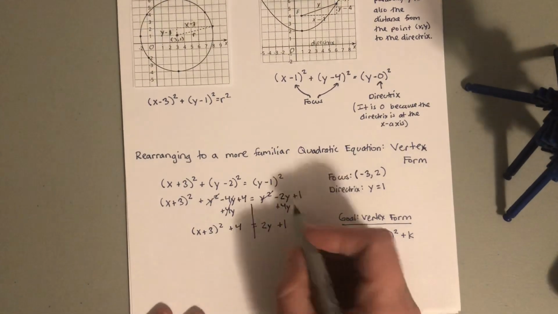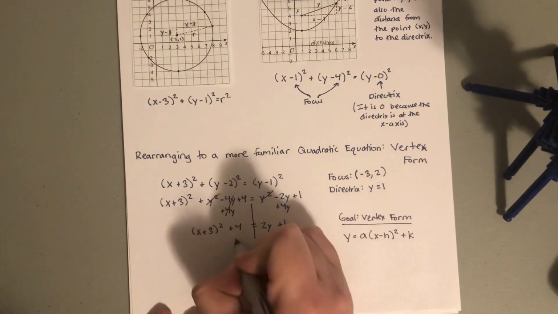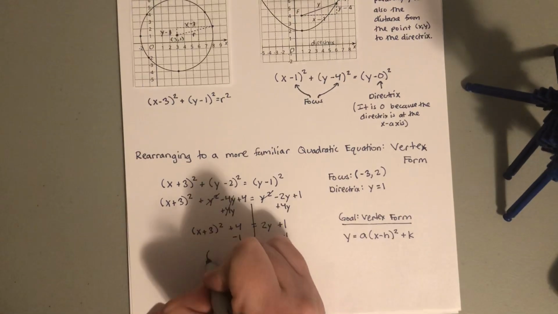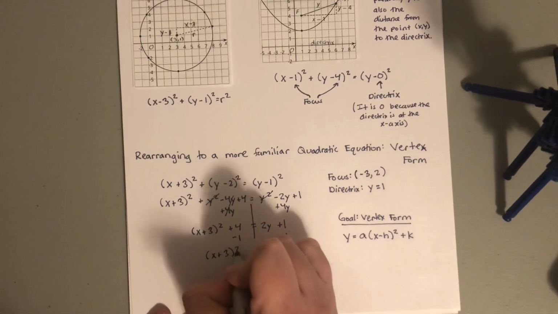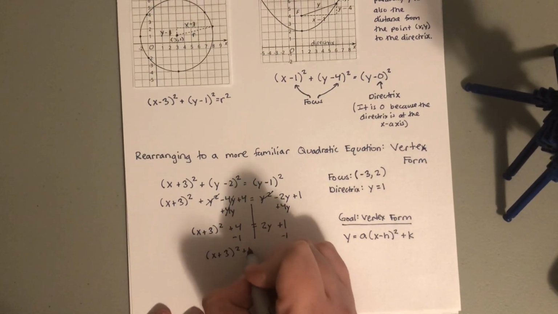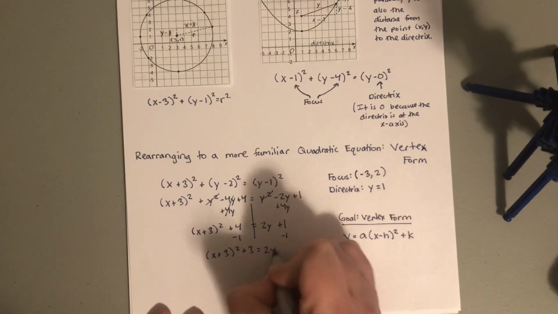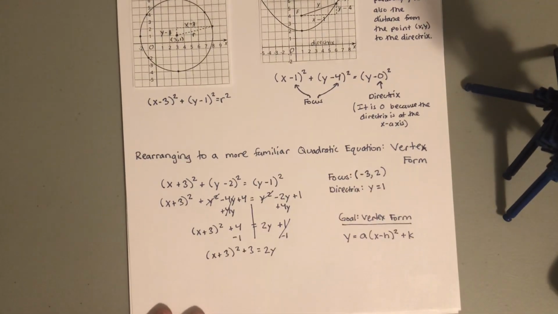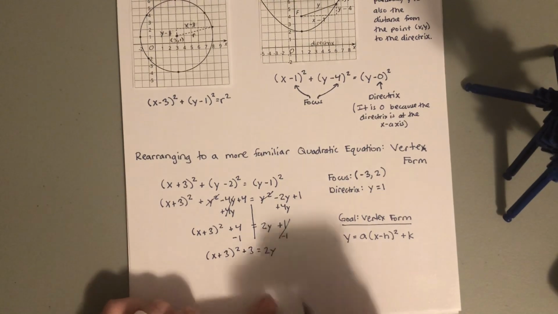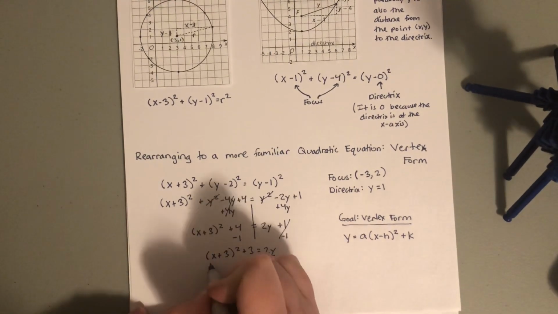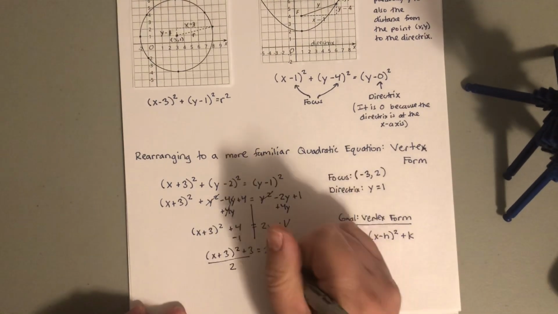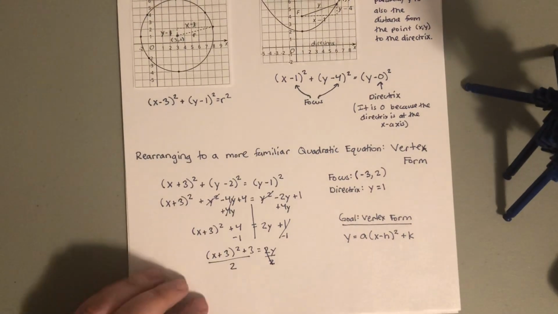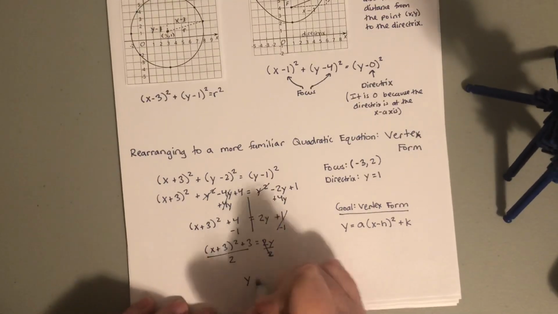So first I'm going to undo the plus 1. So I'm going to subtract 1 on both sides. So now I have (x plus 3) squared, 4 minus 1 is 3, equals 2y, because that canceled out. Now I'm going to get y all by itself, so I'm going to divide both sides by 2. Okay, so now on one side I have a y.